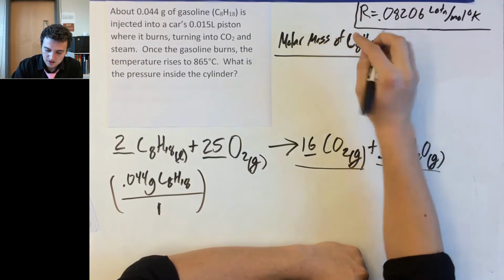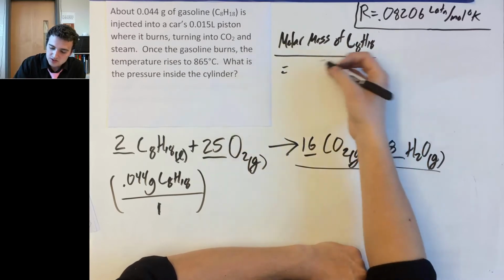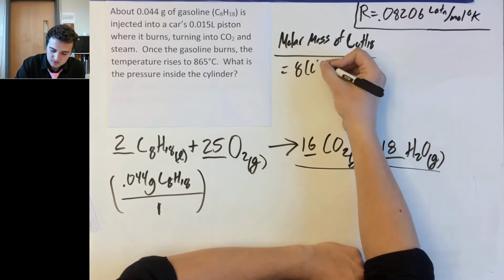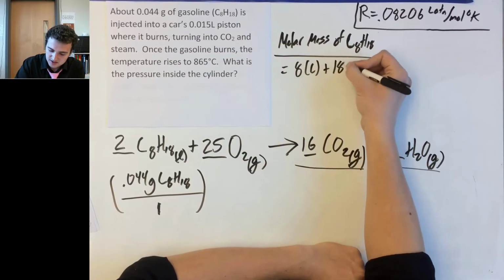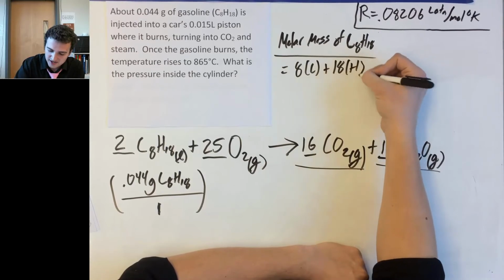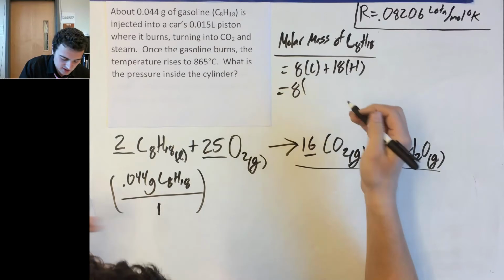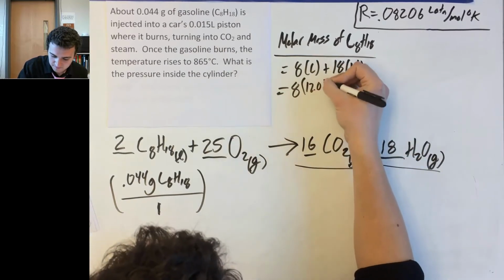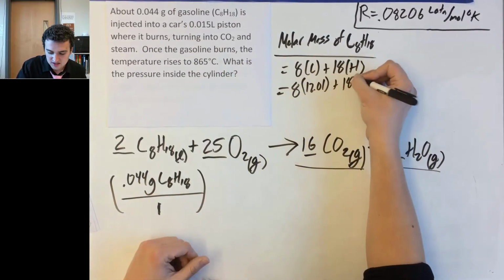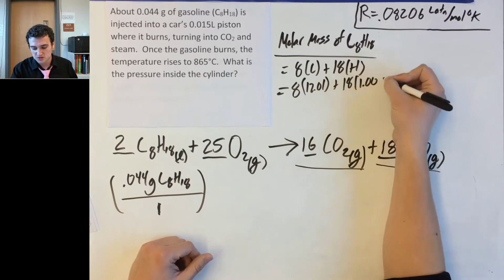I'm going to say the molar mass equals 8 times the molar mass of carbon plus 18 times the molar mass of hydrogen, and that's 8 times 12.01 plus 18 times 1.008.